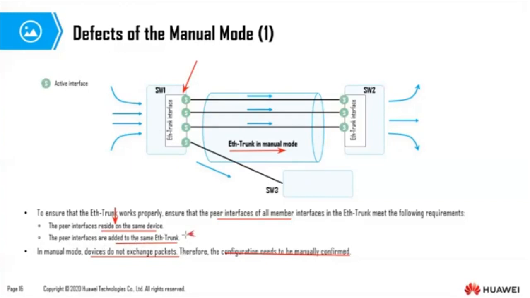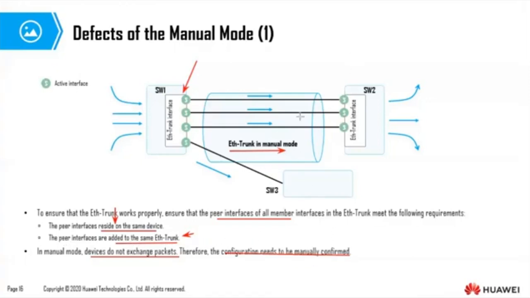Number two, the second one here: peer interfaces are added to the same Ethernet trunk.